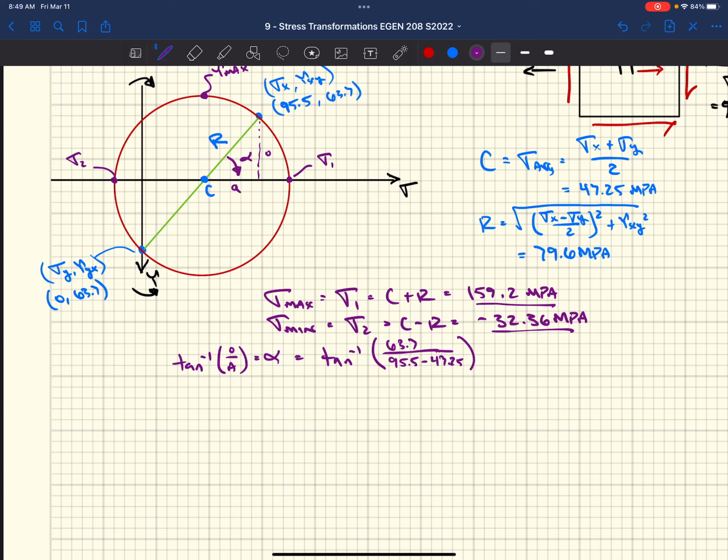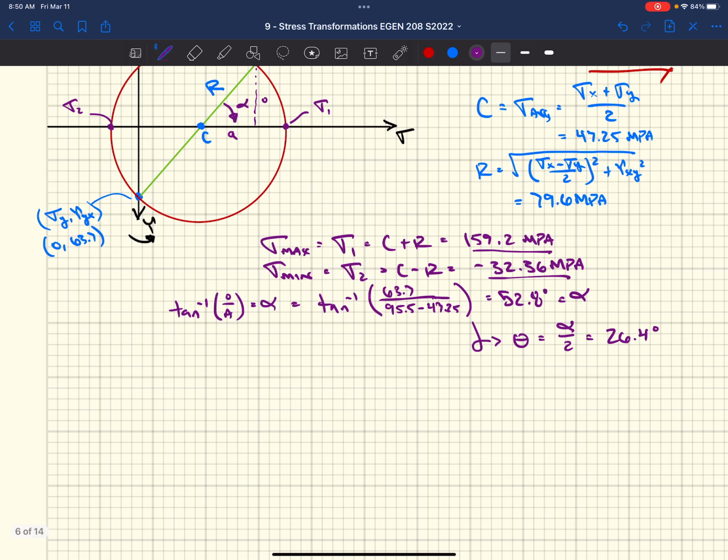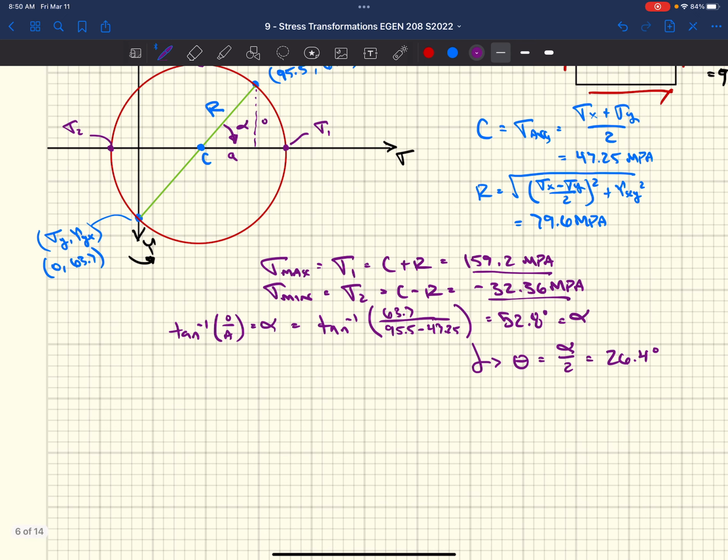Equals 52.8 degrees. Well, that's alpha. And if we want theta, theta equals alpha over 2, or 26.4 degrees. So if we wanted to know an orientation that gave us our maximum normal stresses, we would need to look at a plane that's rotated 26.4 degrees.